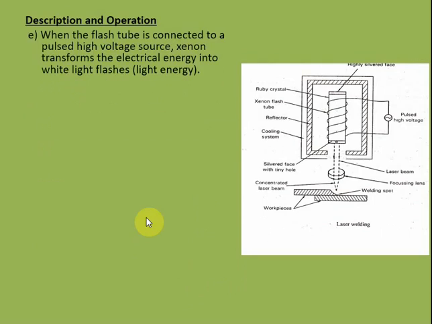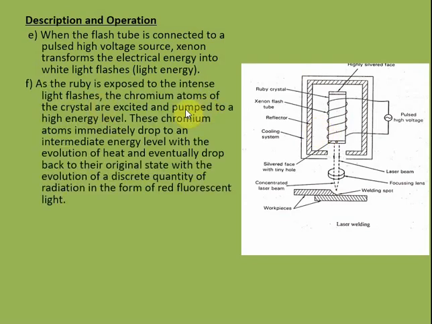Now, as this flash tube is connected to a pulsed high voltage, xenon transforms this electrical energy into white flashlight. As the ruby is exposed to this highly intense white flashlight, the chromium atoms inside this ruby crystal will get excited, and the atoms of the crystal jump to a high energy level.